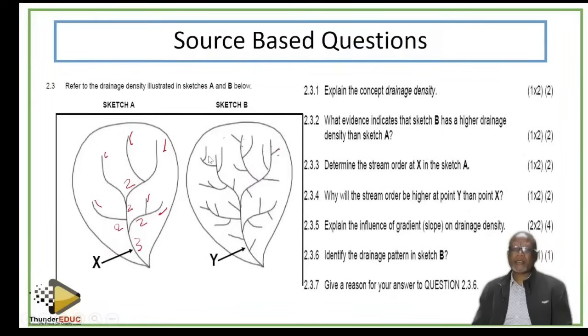If the gradient is steep, there's going to be a high surface runoff, and because of high surface runoff, the density is going to be high. But if the gradient is gentle, there's going to be more infiltration and less runoff, and therefore it's going to be low density.